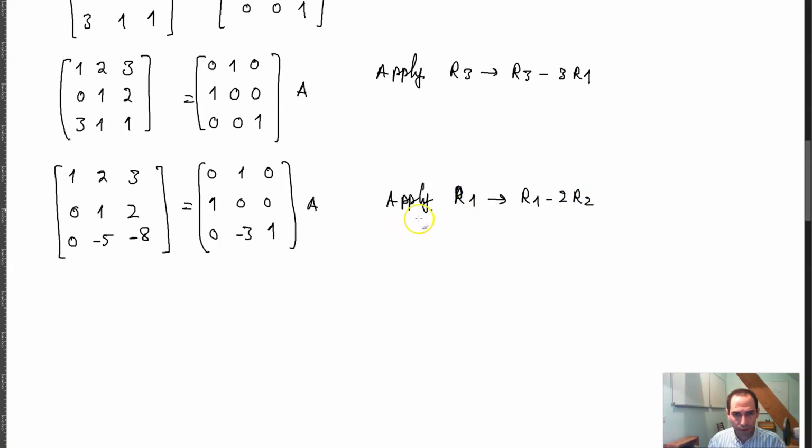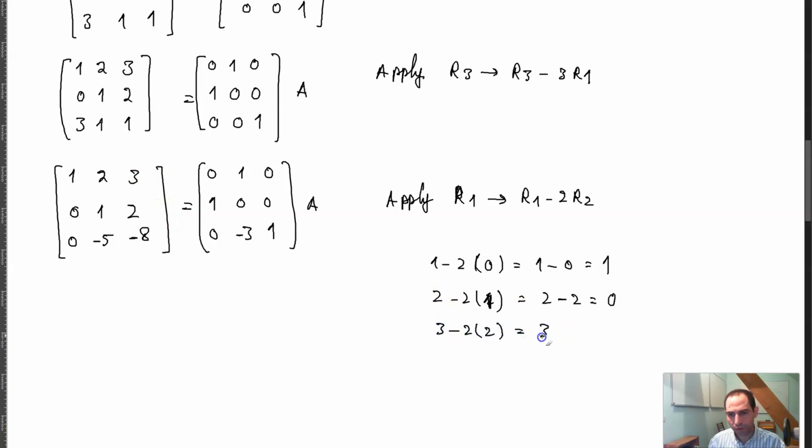So that means that R1 changes here, and it becomes 1 minus 2 times 0, which is 1, or 2 minus 2 times 1, which is 2 minus 2, which is 0, or 3 minus 2 times 2, which is 3 minus 4, which is negative 1.